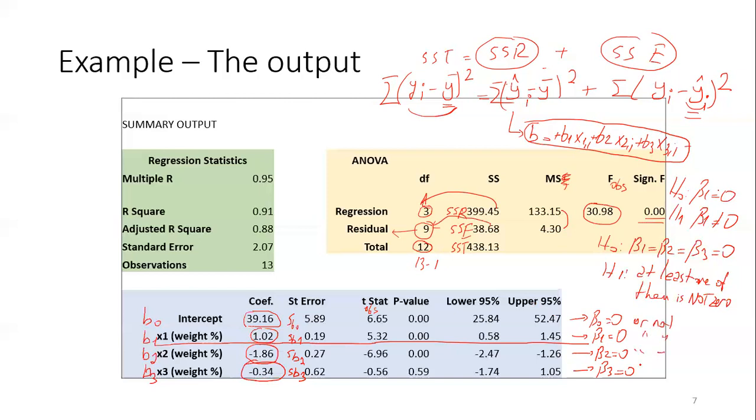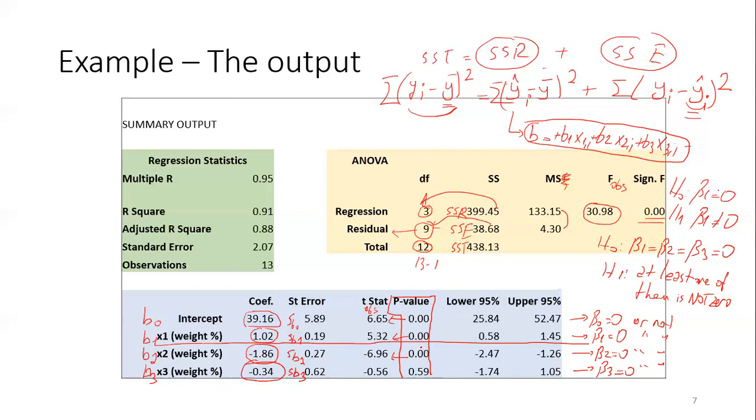We will cover this in detail, but in order to make an analogy with the simple linear regression case, I just want to show this. And these are the p-values associated with the t observed.